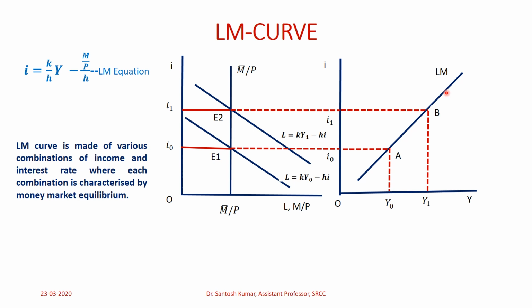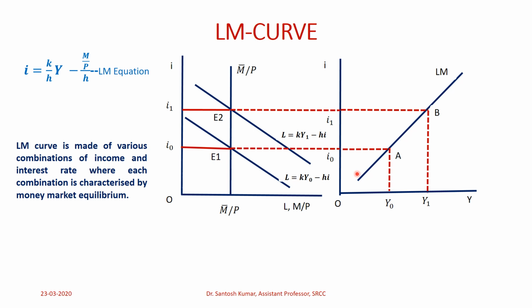However, in this particular lecture, I am not going to discuss the determinants of the slope of the LM curve right now, but I will be discussing the factor which causes a shift in the LM curve. There is only one factor responsible for a shift in the LM curve, and that is monetary policy. As we know, monetary policy is nothing but a policy which intends to control the money supply.